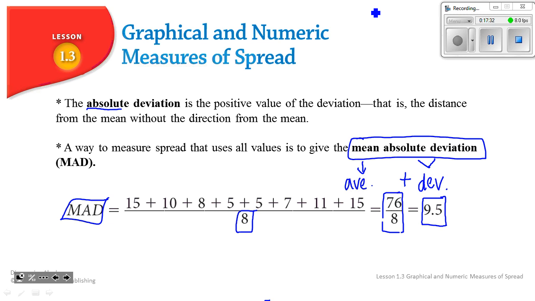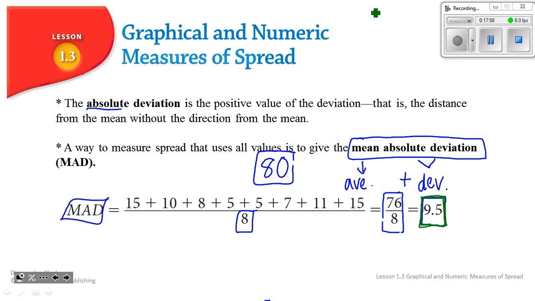Okay, so that shows me about how much each score is spread out from the mean. So in this case, our mean was 80, and our mean absolute deviation of 9.5 gives us a picture of about how much each individual score is spread out from that 80.